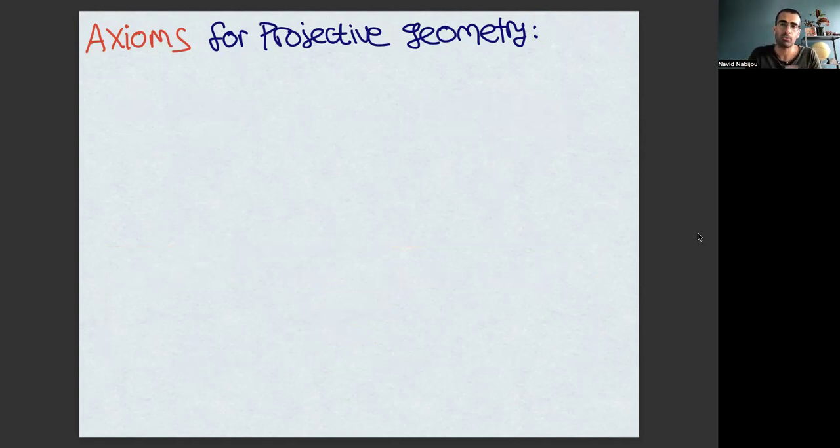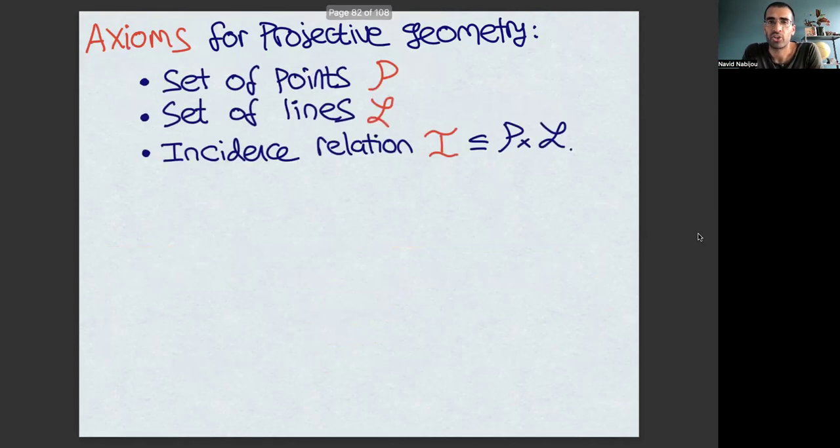But there's a different way we can do projective geometry, which is to start with some very, very simple bits of information, which is just the following. So I have some set of points, I'll call it P. I have some set of lines, I call it L. And then I have some incidence relation I. So here what we mean is that (P, L) belongs to I if and only if P is an element of L.